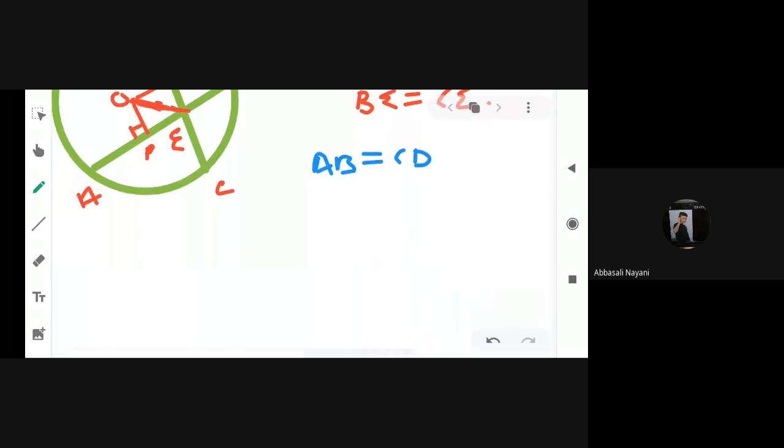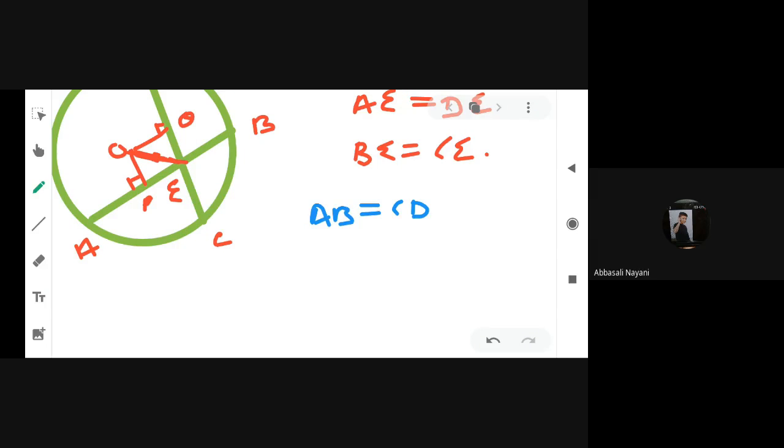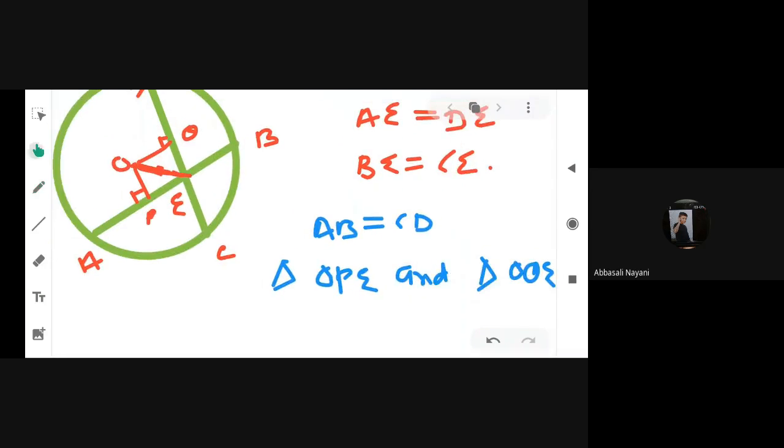Now consider these 2 triangles: triangle OPE and triangle OQE. Which two triangles? The first triangle is OPE, and then this other triangle.